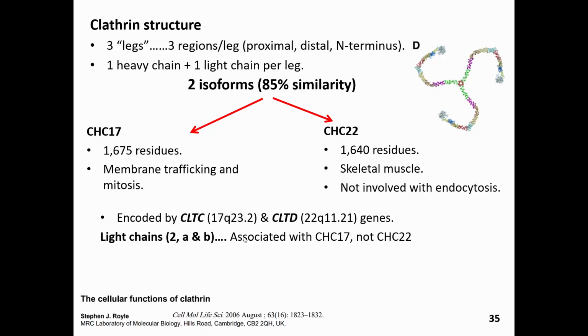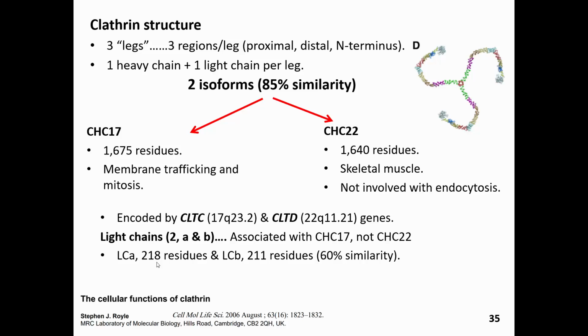The light chains, in a similar manner, have two isoforms simply labeled A and B, and they're associated with CHC17, not CHC22.